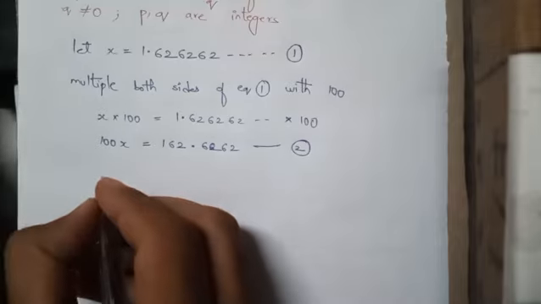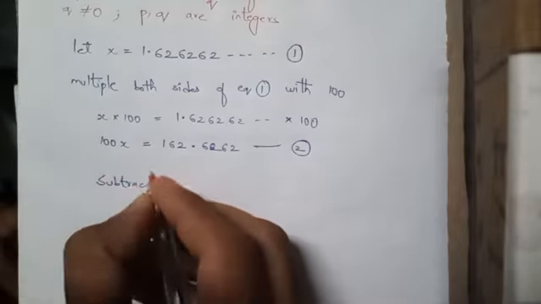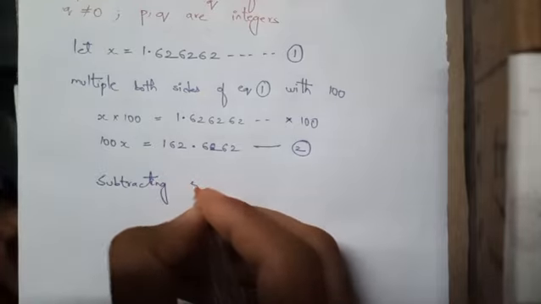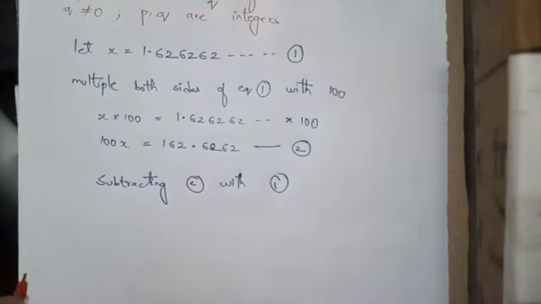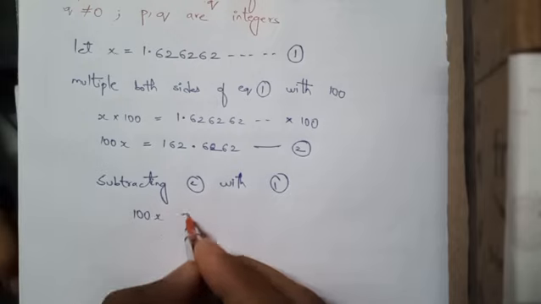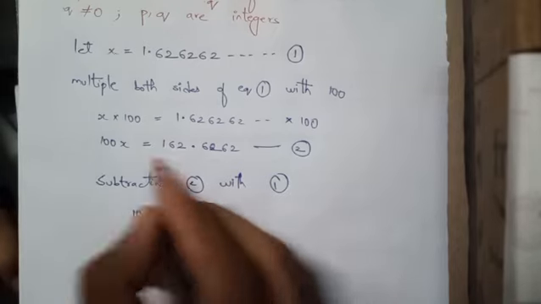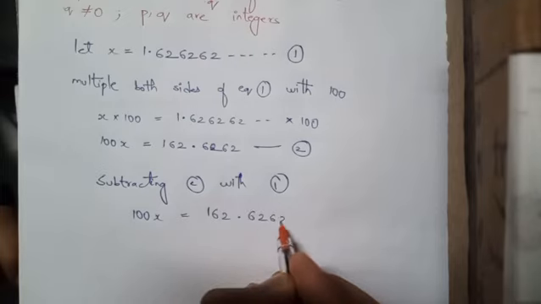Now the next step is to subtract these two equations, equation 2 minus equation 1. Let's write equation 1 and equation 2, 162.6262 and so on.